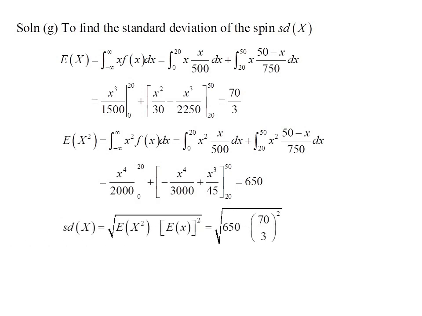Hence, the standard deviation of the spin, SD of x, equals the square root of E of x squared minus the square of E of x, which equals the square root of 650 minus the square of 70 over 3, which approximately equals 10.3 revolutions per second.